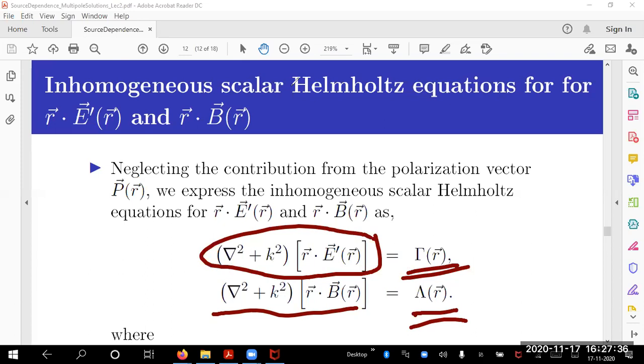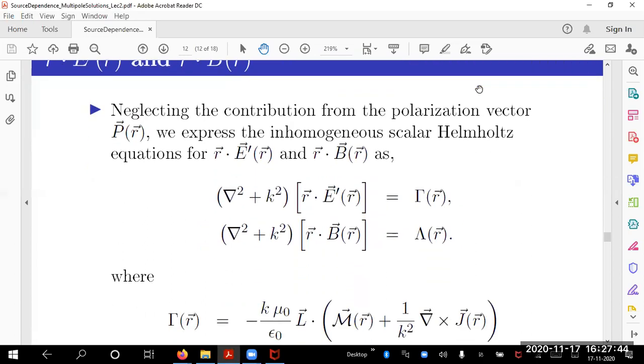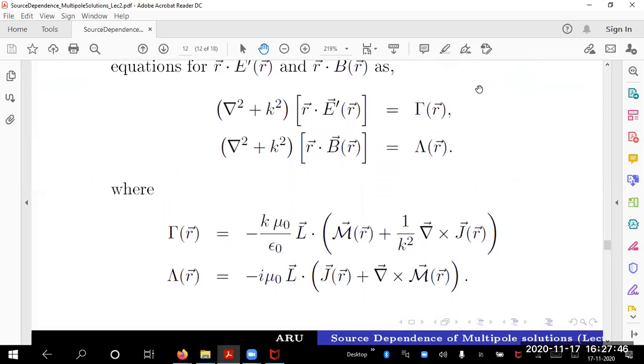You don't have to remember, because I know that it is difficult to solve everything here. I will only tell you, fine, you need not write it. It involves magnetization and current density in a particular way.